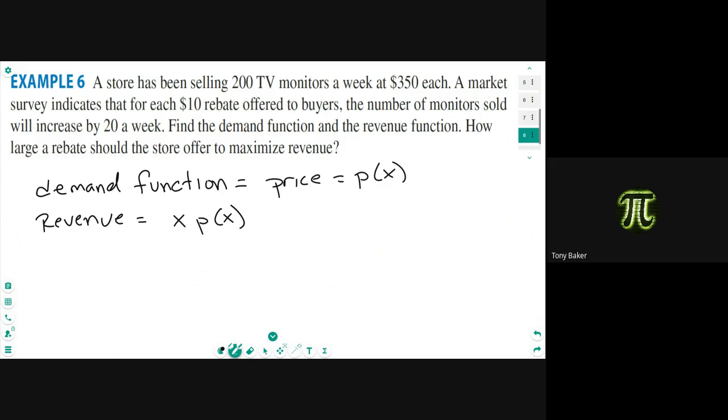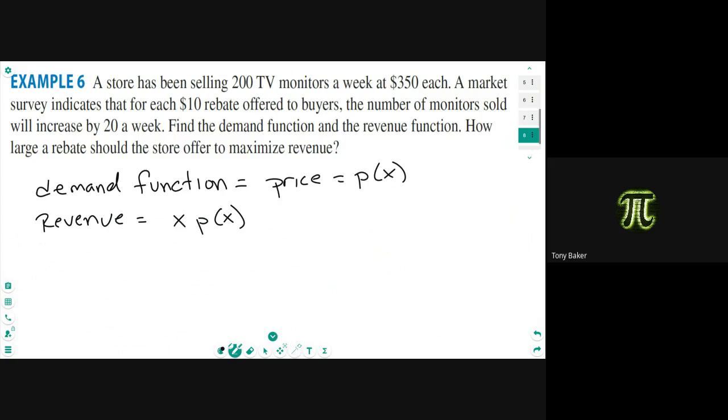All right, so how am I writing my price equation? Because that's the most important one. What kind of equation is price?